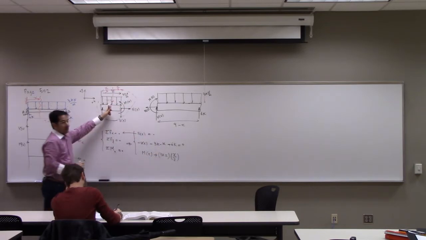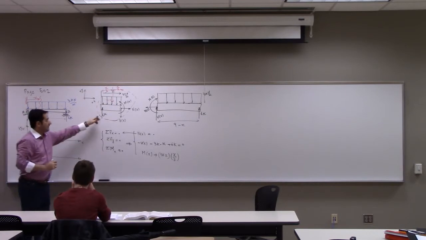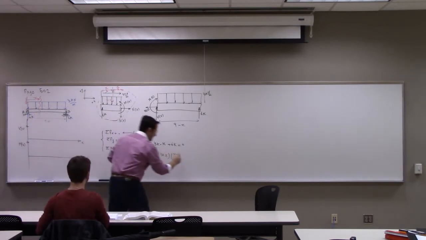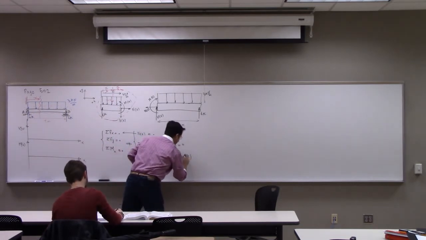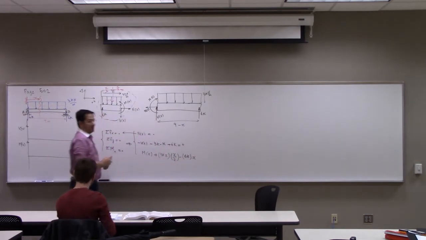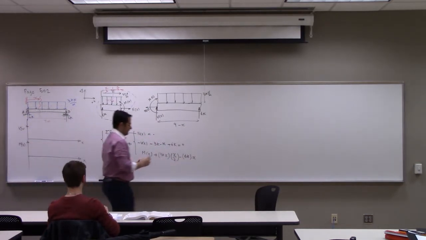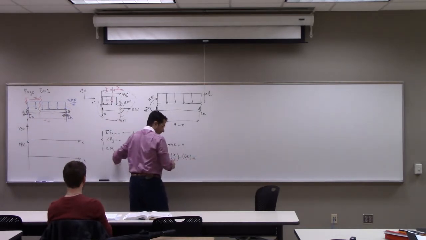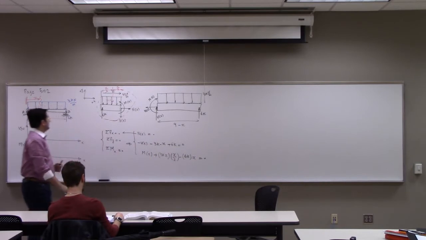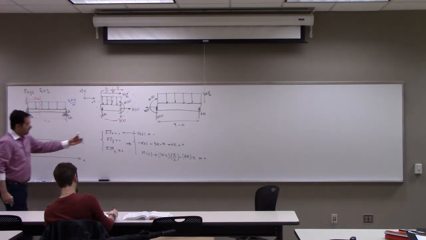And then, am I done? And then you have here a 6K. So it's just 6K times, positive or negative? Am I finished? Yes, there is nothing else. So summation of moments is equal to 0. Now you solve for unknowns.